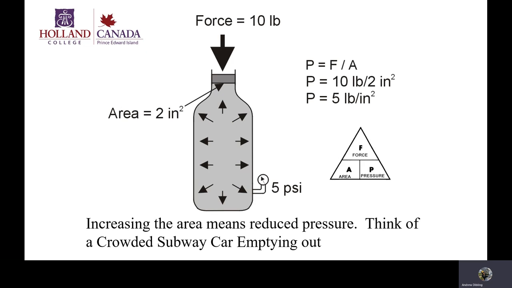Okay, so here's an example where if I take 10 pounds of force and put it to a 2 square inch area, I end up with a reduced pressure of 5 psi, or half of what was there in the last example. It's the same amount of force, but the area is bigger, so the pressure will drop. Again, the restriction is what makes the pressure, right?